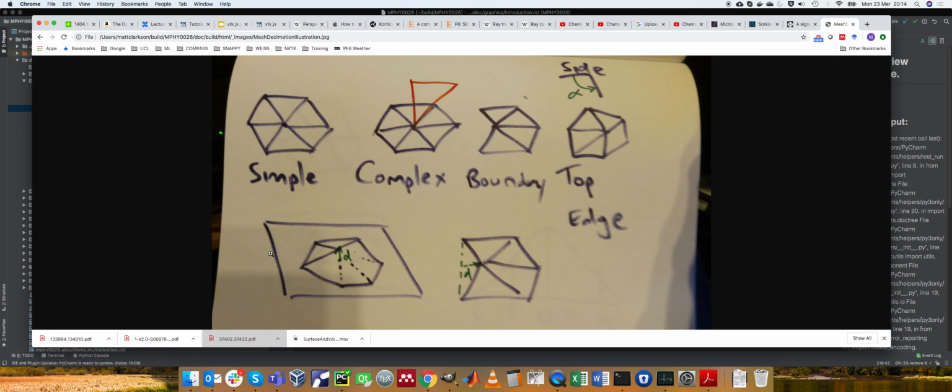So if we look at this picture now, if you imagine you've got a bunch of triangles all connected together, the first thing the algorithm does is categorize them, so each point needs labeling as whether or not it's a simple point, meaning that it's just connected to a certain number of neighbors, in this case 6.